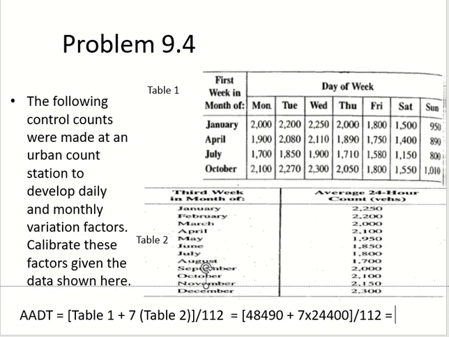17 by 7? What is it? 18,274. The total traffic you mean? Yes. Okay, and divide by 112?